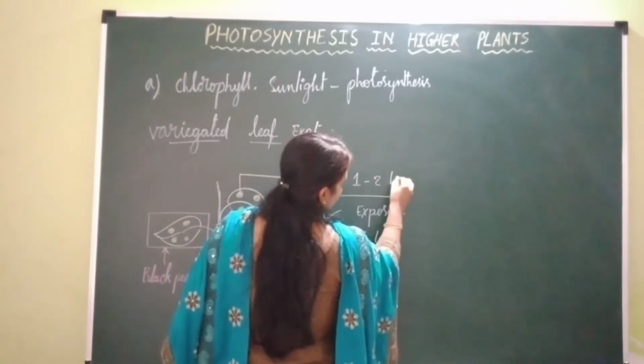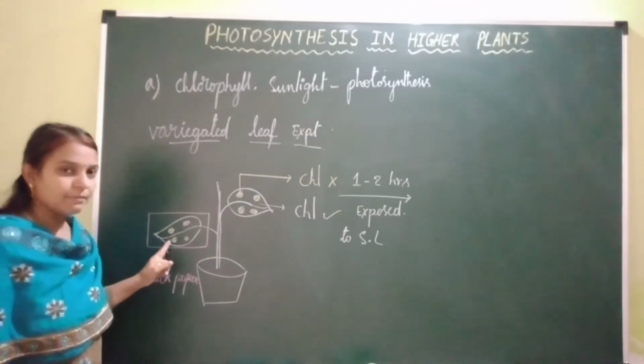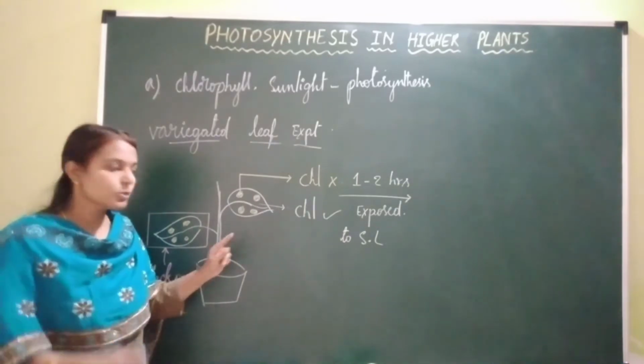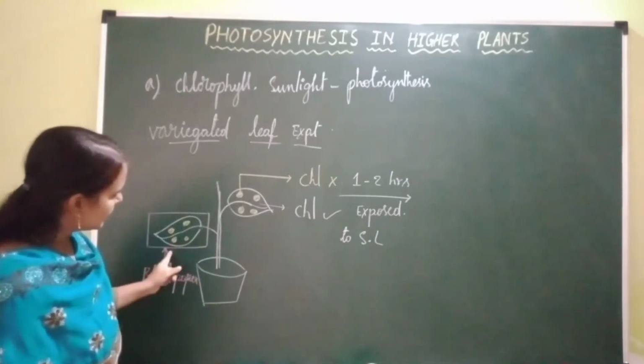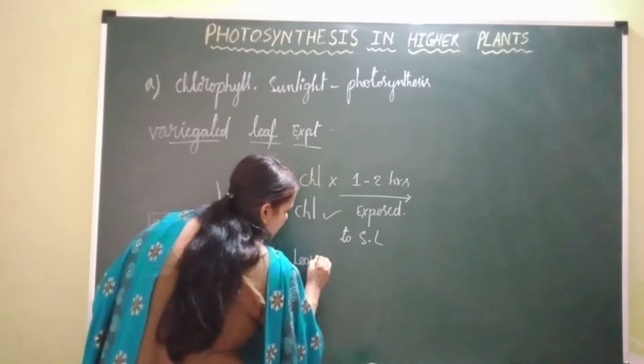After its exposure to sunlight for 1 to 2 hours, both of these leaves, the covered leaf and the exposed leaf, are tested for the presence of starch.